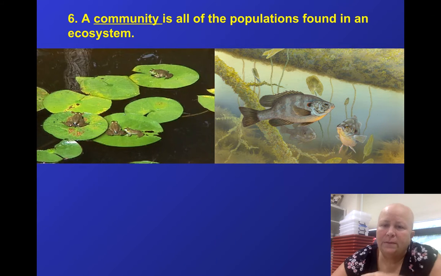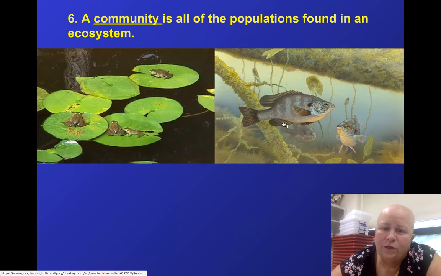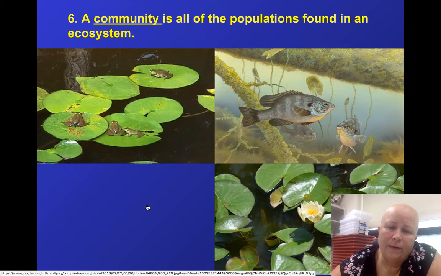So this is an example of a bass here, a largemouth bass. If those are in the water here, then all of the largemouth bass is one population, all of the green frogs are one population, and all of these lily pad plants are one population, and all together in an ecosystem, they are the community. So all of the biotic factors.